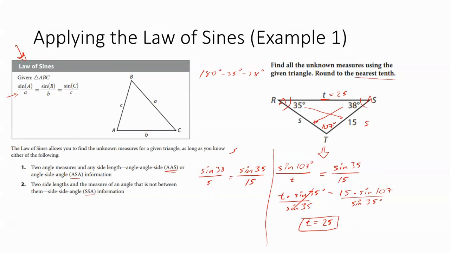Sorry if my 5s look like my s's. So again, cross multiply, you'll have s times the sine of 35 degrees equaling 15 times the sine of 38 degrees. How do you get rid of a multiplying sine of 35? Divide, and what you do to one side, you must do to the other.